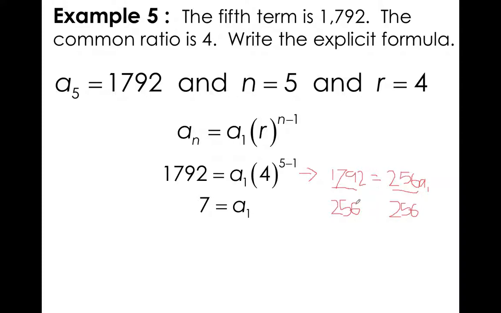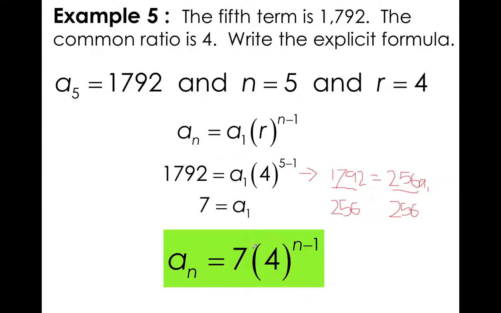And 1792 divided by 256 should give you the answer that we want. Let me check mine right quick. 1792 divided by 256 gives you 7. So now you see how we end up with 7. But we needed the a sub 1, so therefore that's why our explicit formula is what you see right here.